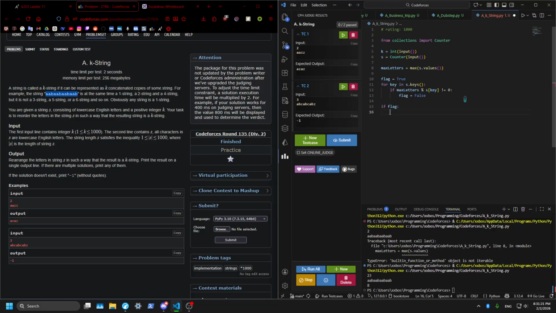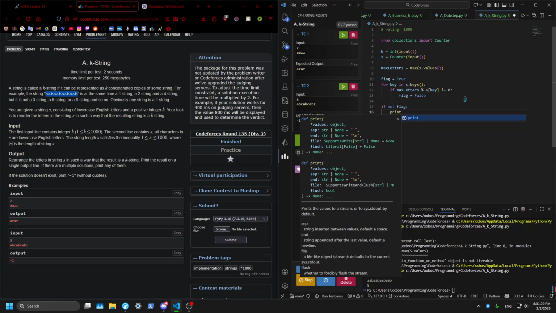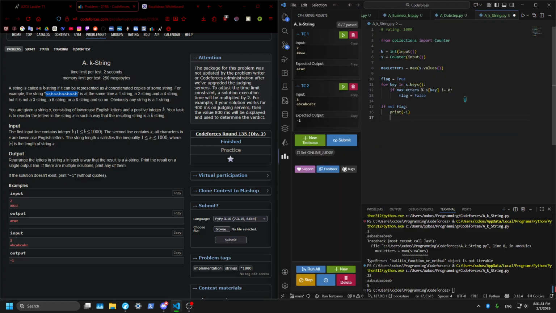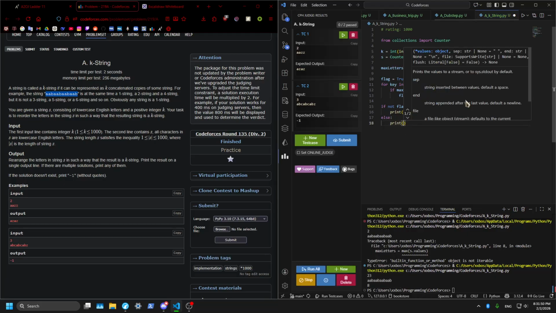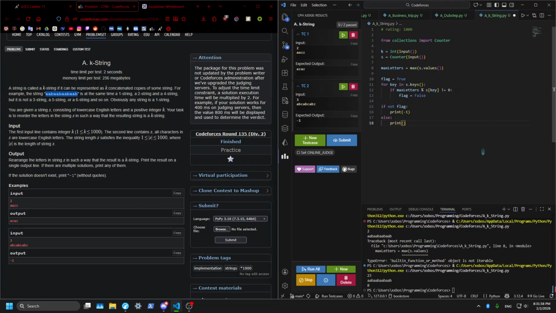If flag is false, then we print -1. Else, print K. K is 2.